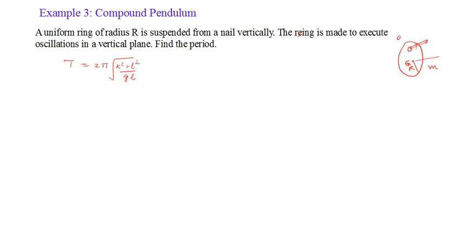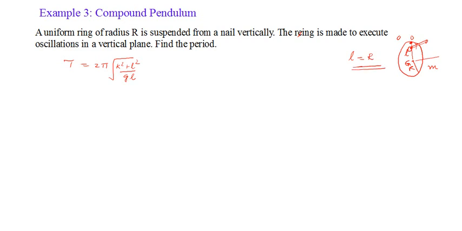The distance from the rim, the point of suspension, to here will be l, that is the length of the pendulum. So l will be equal to R in this example.